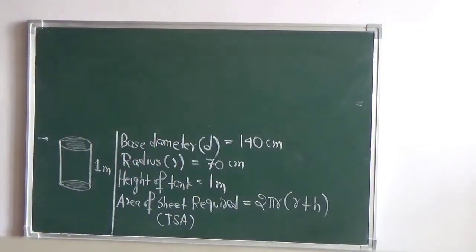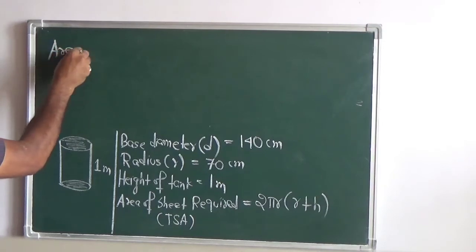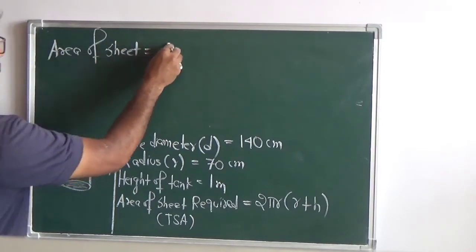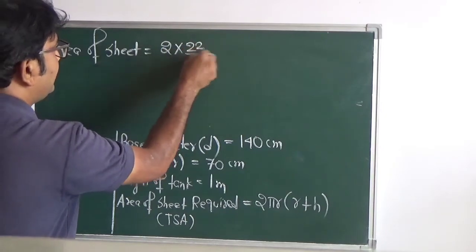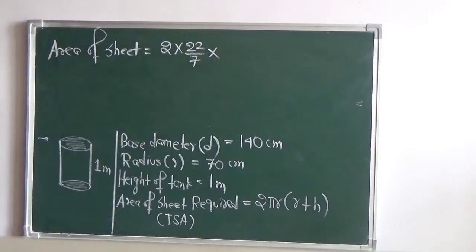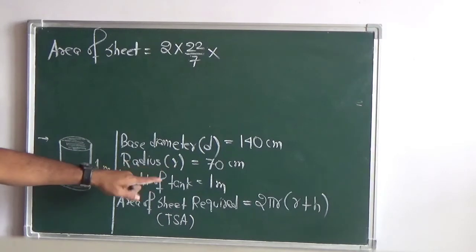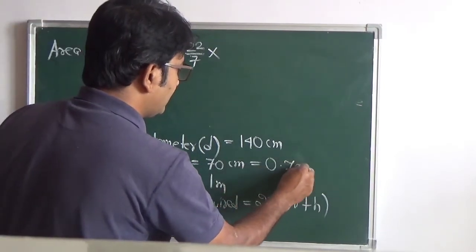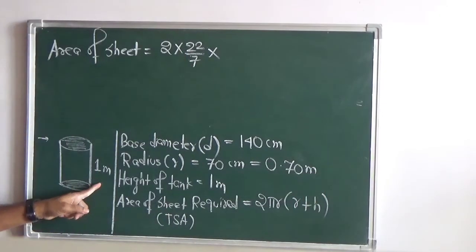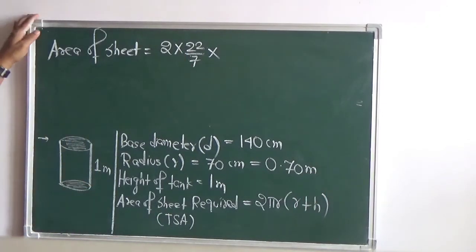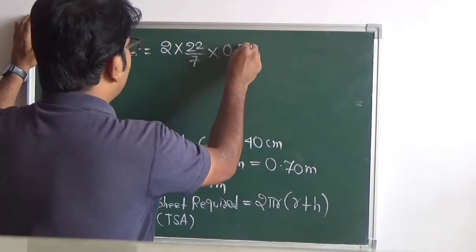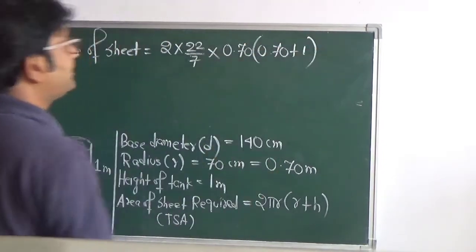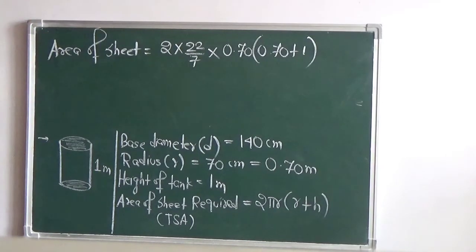So we have the area of sheet equals 2 into 22 by 7, and the radius is, my dear, given as 70 centimeters. You have to change it to meters because the height is given as 1 meter. So it is 0.70, 2 pi r into r plus h, 0.70 plus 1.